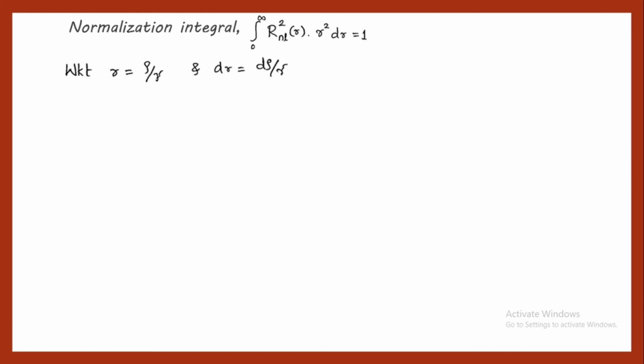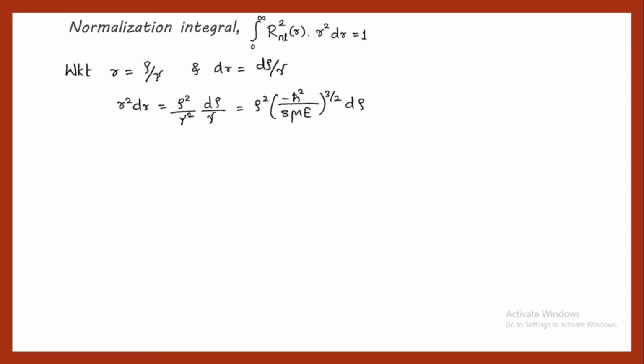So here we need to just substitute the value of r square into R_nl of r square. For that we already know that small r is given in terms of rho, that is r is equal to rho by gamma, which we considered in our previous class. And if you take the differential of it, we know gamma is a constant, so dr will be equal to d rho by gamma. And if you substitute in the integral, r square is nothing but rho square by gamma square, and dr is d rho by gamma.